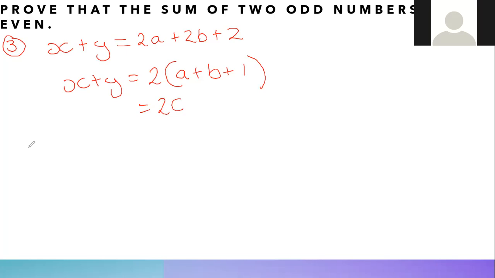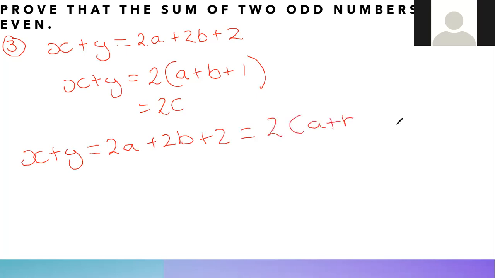That is the same as saying x plus y equals 2a plus 2b plus 2 equals 2(a plus b plus 1). Then we come in with our final statement. We're showing here that it's 2c, so we've got an even number.